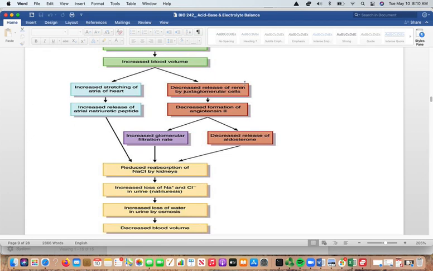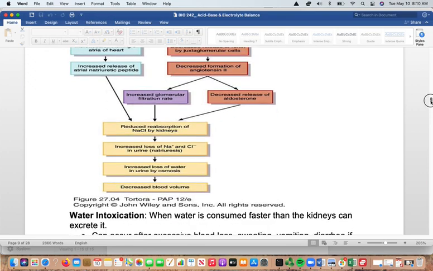In the kidneys, you're going to have renin that will lead to the formation of angiotensin II and the release of aldosterone. All of this is going to manifest itself as reduced reabsorption of sodium chloride by the kidneys, so you'll have more loss of water through the urine to decrease the blood volume.